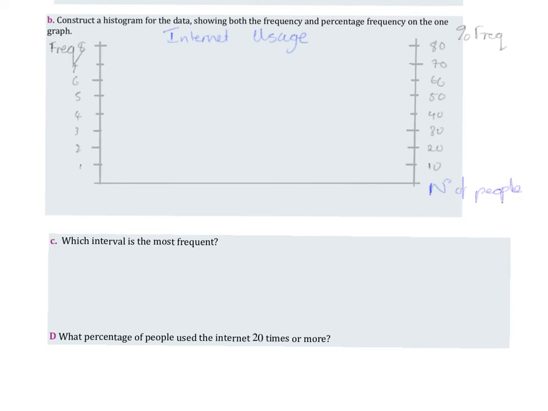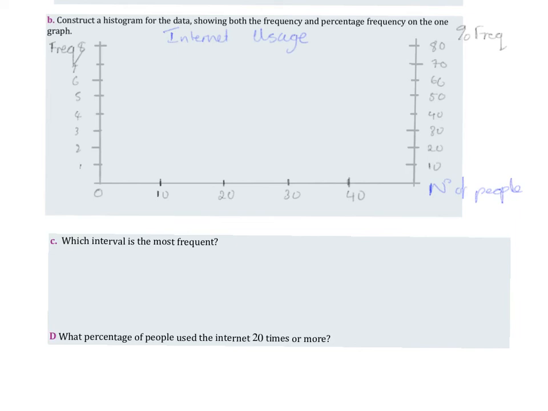Now the number of people went from 0 to 10, 10 to 20, 20 to 30 and so on. So we're going to start from 0, and then the beginning of our next interval is 10, then 20, then 30, and the beginning of our next interval is 40, if you like.